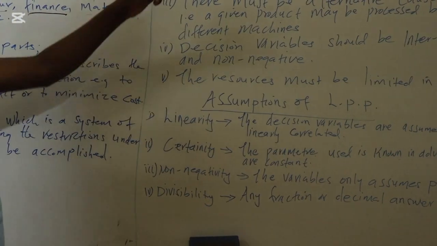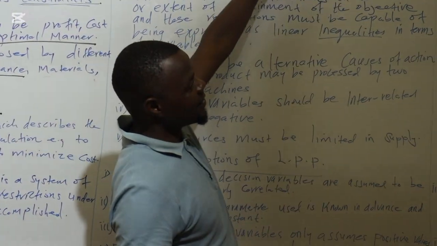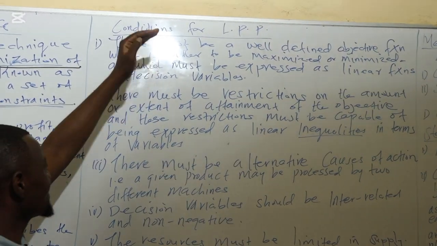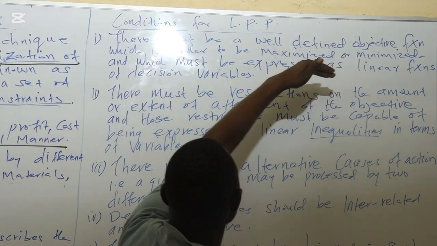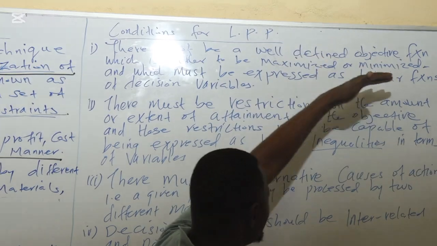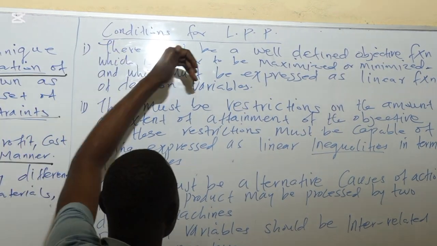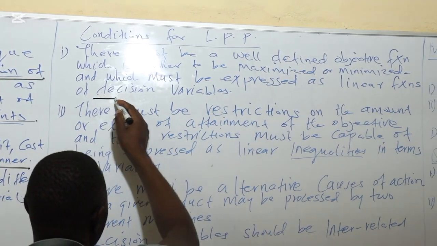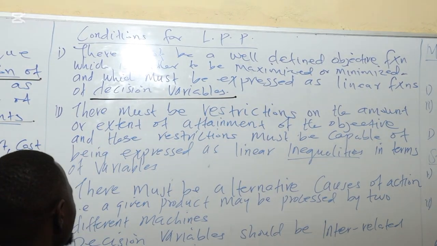What are some of the conditions for a linear programming problem? The first condition is there must be a well-defined objective function, which is either to be maximized or minimized, and which must be expressed as a linear function of decision variables.